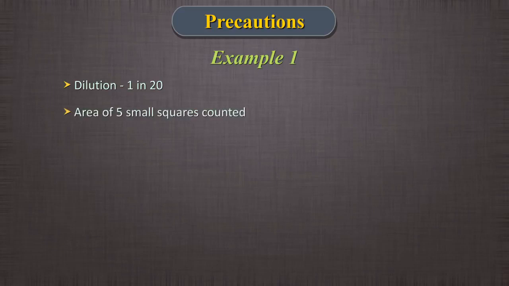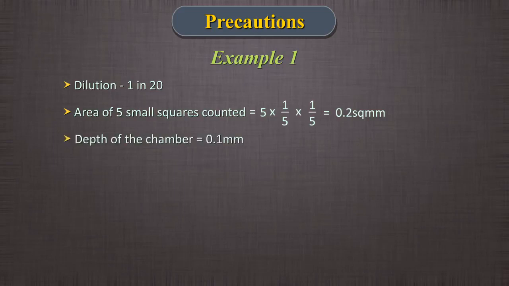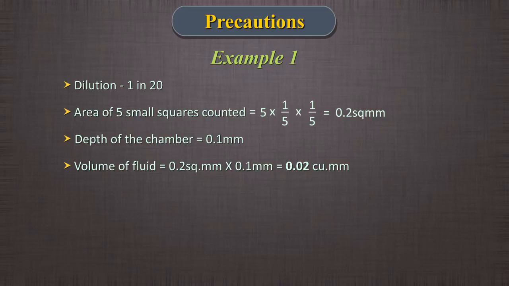Area of 5 small squares counted is equal to 5 × 1/5 mm × 1/5 mm = 0.2 square millimeters. Depth of the chamber is equal to 0.1 millimeter. Therefore, the volume of the fluid in the 5 platelet squares is equal to 0.2 square millimeter × 0.1 millimeter = 0.02 cubic millimeters.